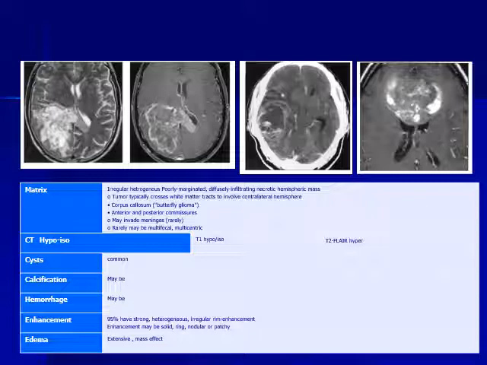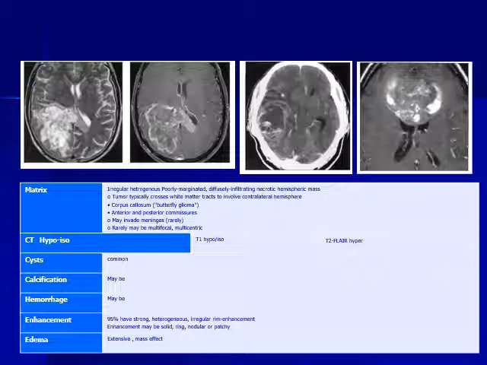But actually you can see a lot of patterns of enhancement being heterogeneous or even sometimes solid or nodular or patchy or ring-like, but the very characteristic pattern of necrotic ring pattern or peripheral irregular enhancement is specific to glioblastoma multiforme.